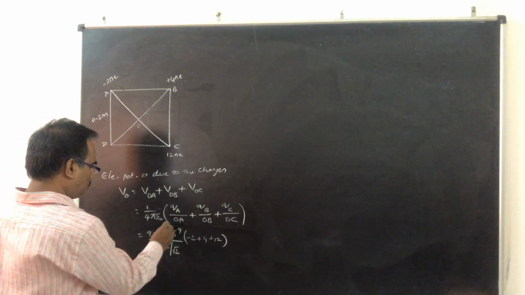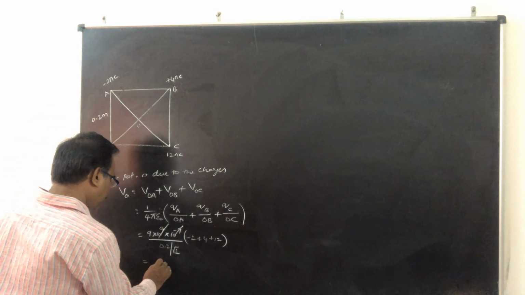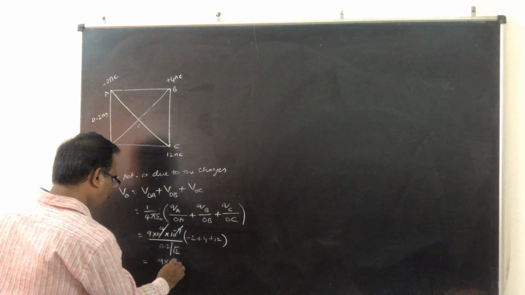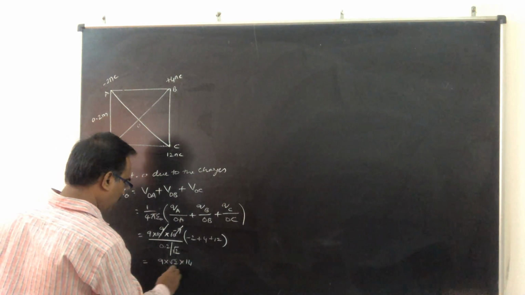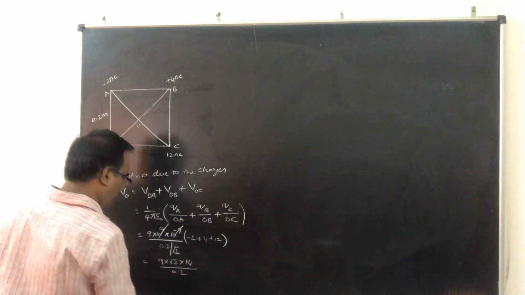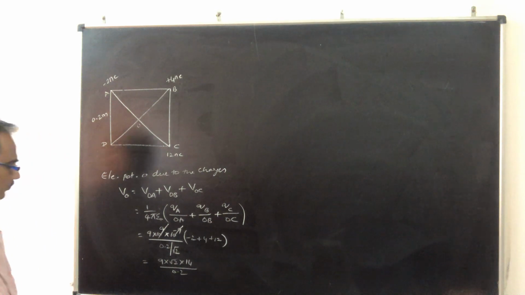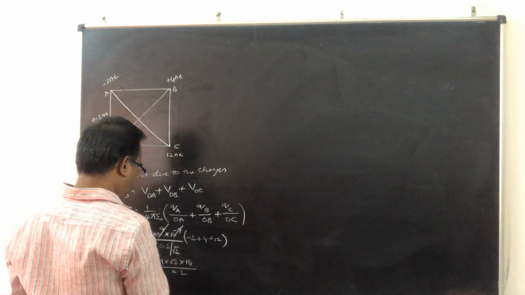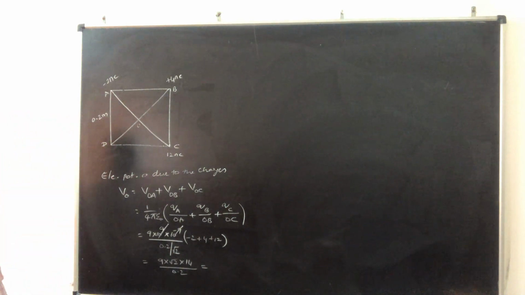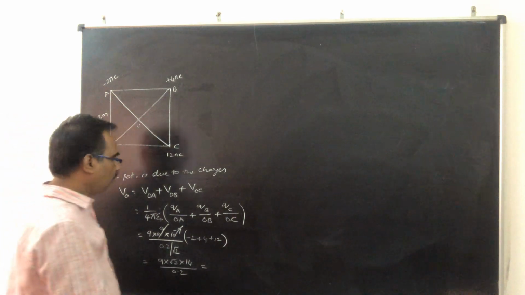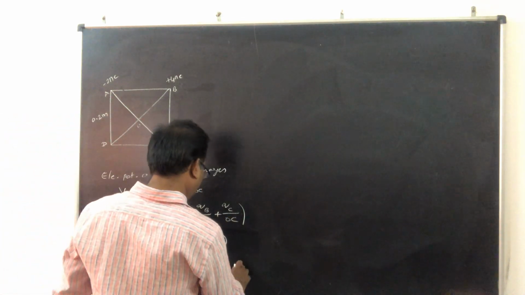So this is 9 into root 2 into 14 divided by 0.2. You find this value. You will get V0 volt.